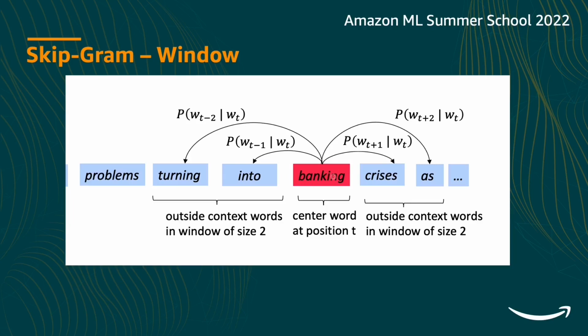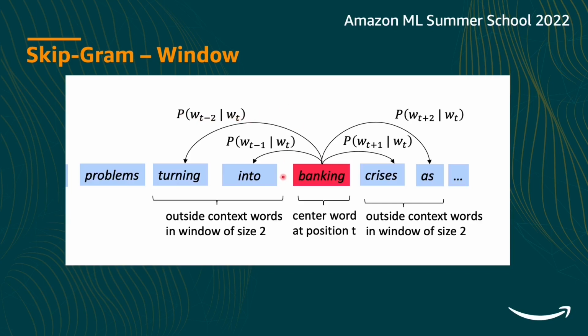For example, for banking, we want to say that turning, into, crisis, and S are its context words. So in our learning process, we maximize the probability of the context given the target word, as depicted here. Basically we maximize these probabilities, such as the probability of W t minus 2 given the target word.